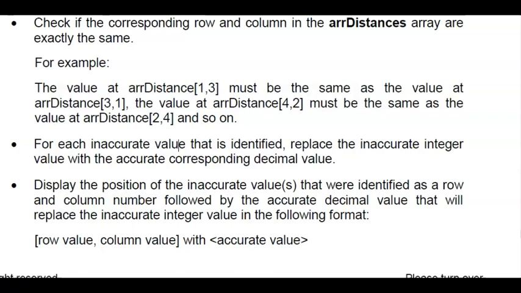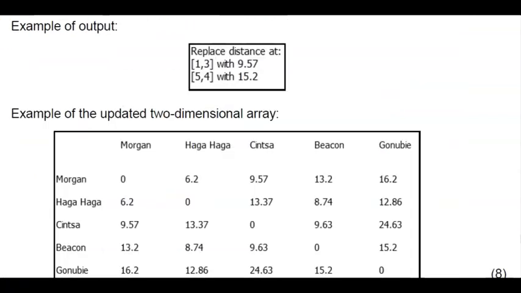Press pause, give it a try. I'll show you some examples of output and then the memo. First, test your program before you watch the memo. You want to try and get it correct yourself, and only when you're desperate, you want to watch the memo. Here is your example of output: 1 and 3, that was that Sinsa value that we wanted to replace.